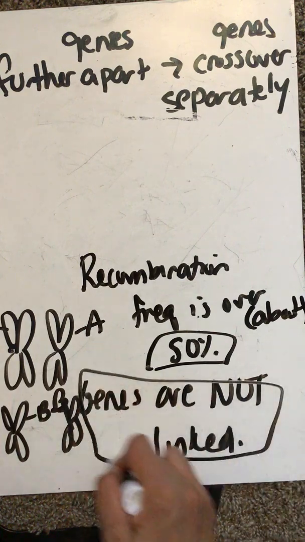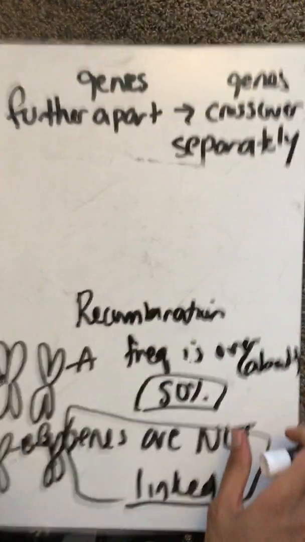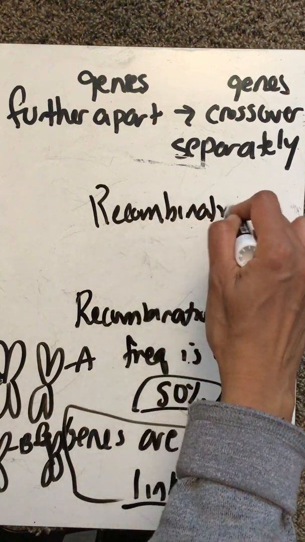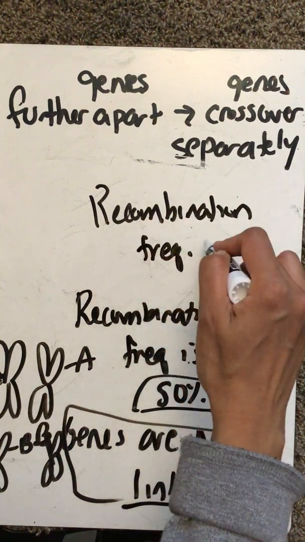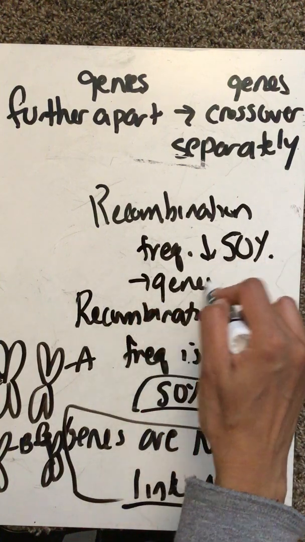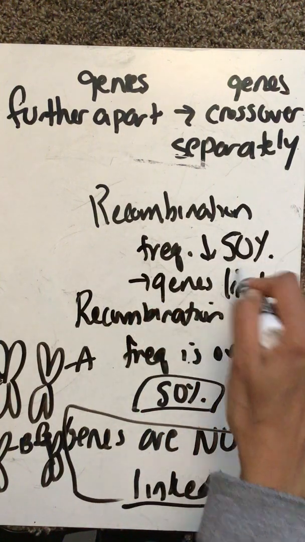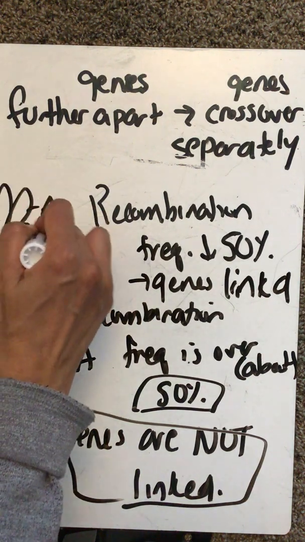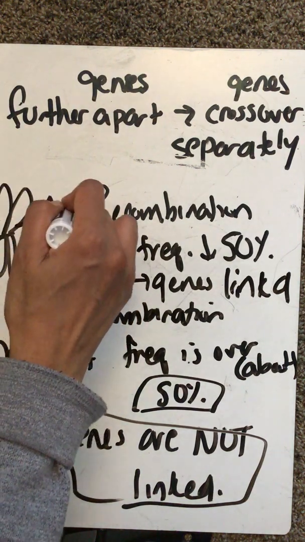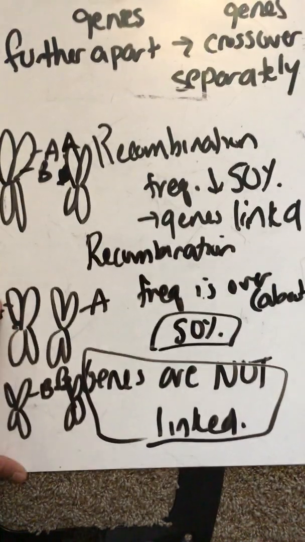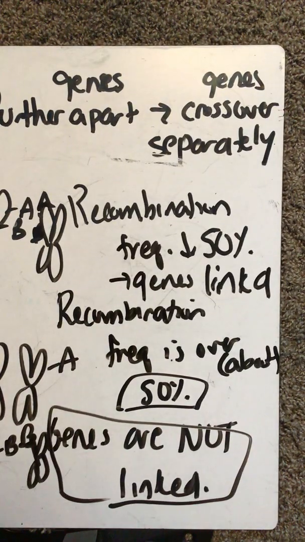So the genes are not linked. But if the recombination frequency is under 50%, then the genes are linked, which means the genes are found on the same chromosome. So genes A and B are found on the same chromosome, and genes A and B are found on different chromosomes. And that's all I had to say for that.